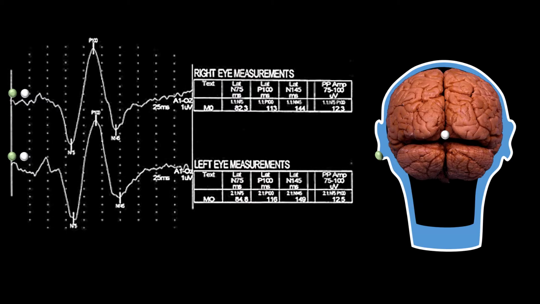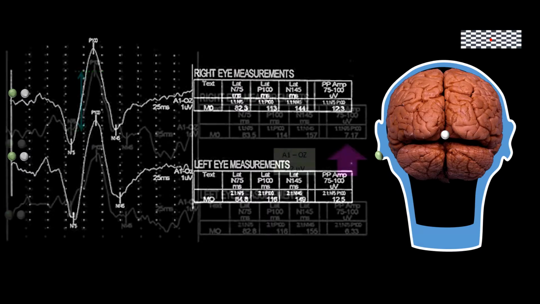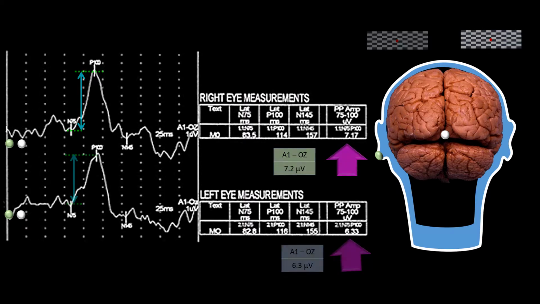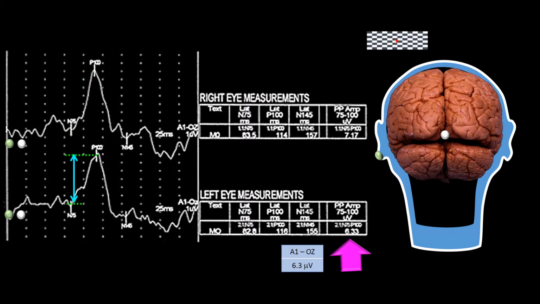Now we look at amplitudes. Following right eye stimulation, the sagittal P100 amplitude was 7.2 microvolts. Following left eye stimulation, the amplitude was 6.3 microvolts.